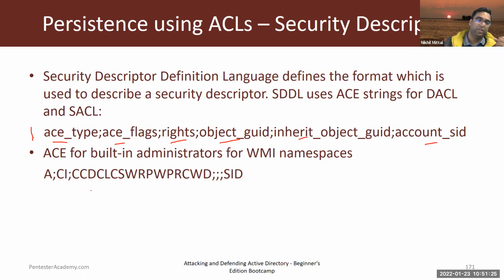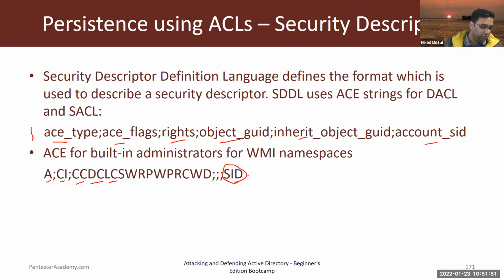For example, take a look at the ACE for the built-in administrator group for WMI namespaces. ACE type is allow, ACE flag is container inherit, rights are create child, delete child, list child, and so on. And here is the SID of the account.